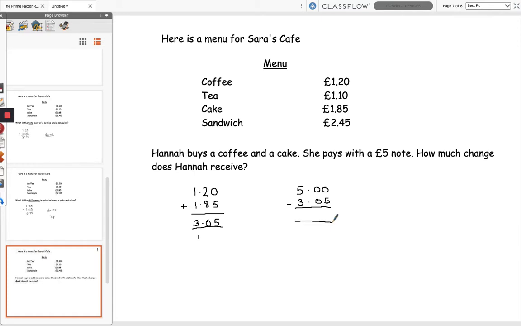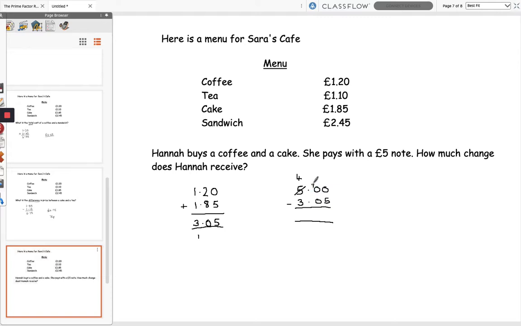So 0 take away 5, I can't do that, and I've got nothing to borrow in the tenths column, so I'm going to have to borrow from the units column. So I'm going to cross that out, put a 4 up there, carry 1 across there to make 10.